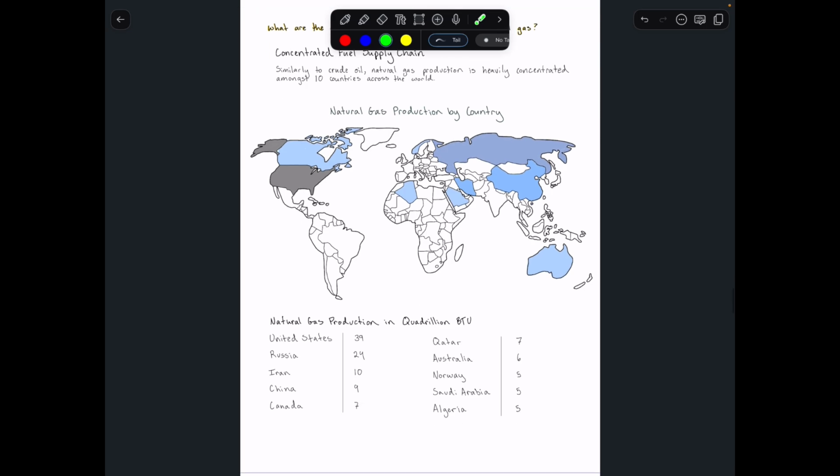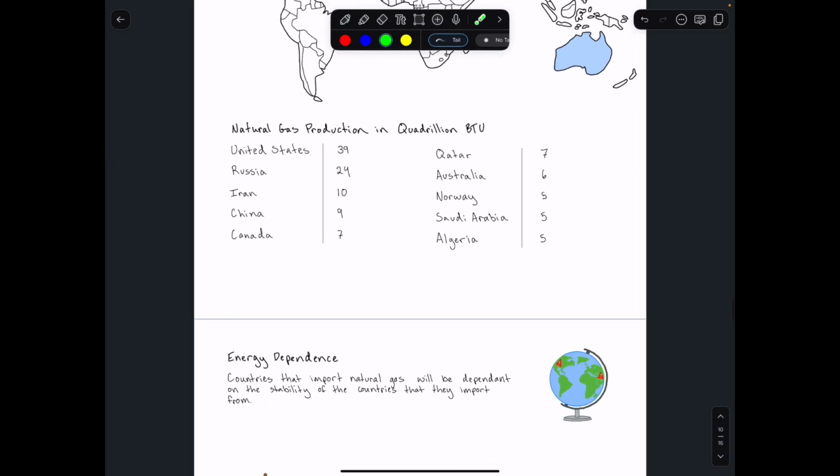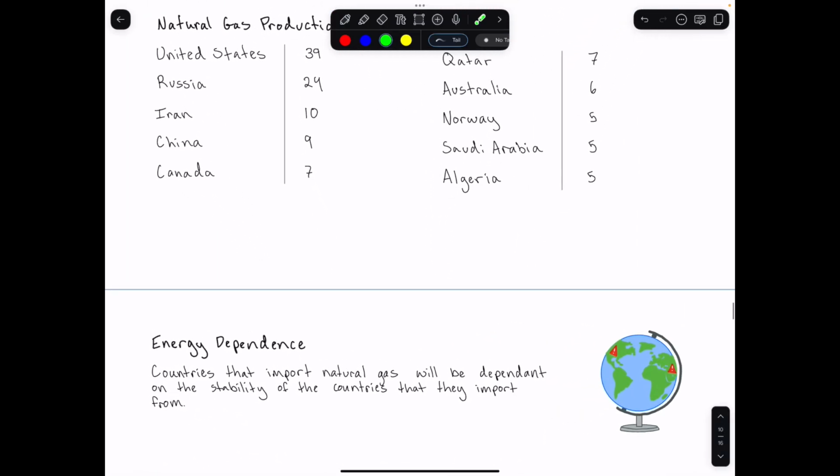And similarly to how I discussed with crude oil, this leads to what we call energy dependence. So as a result, the countries that rely heavily on imported natural gas, such as many of the European countries, Japan and South Korea are just some examples, they become dependent on the stability of these international suppliers.